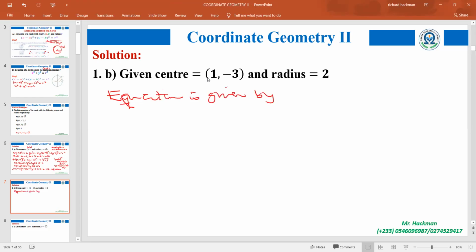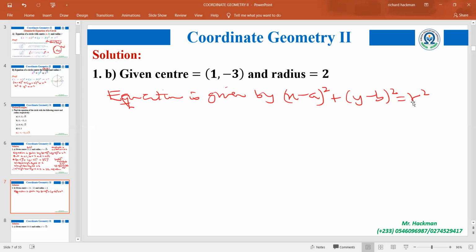Help me quote the formula. x minus a, squared, plus y minus b, squared, equals r squared. Very good. So you can see the formula. In the formula, I need a, I need b, I need r.